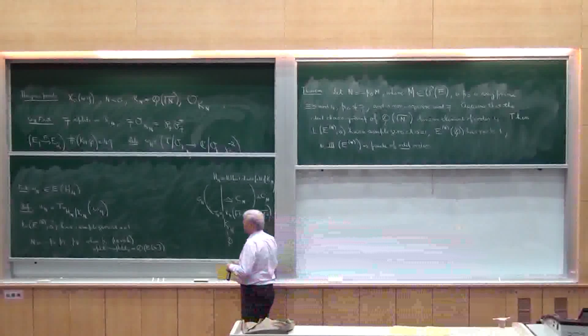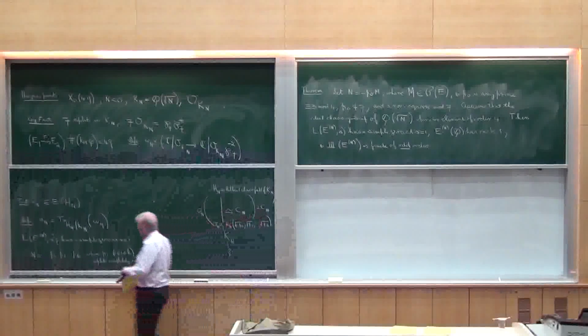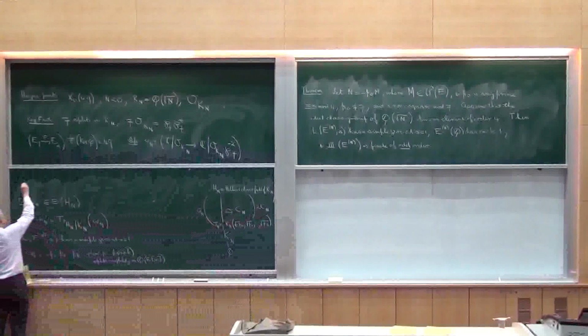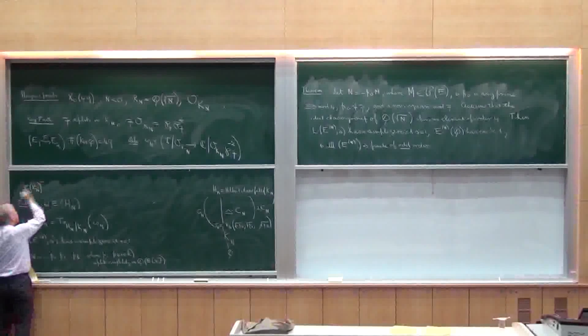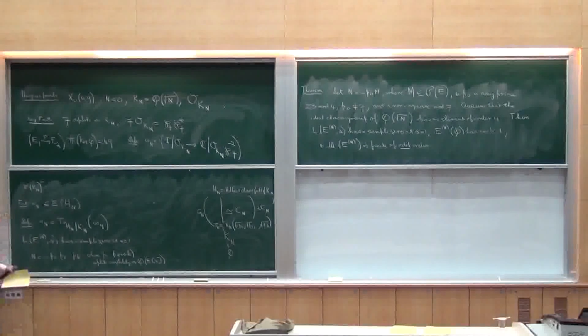Now, one other remark: we're looking at the points in E(Kn), and I'm most interested in the subgroup which I'll call E(Kn) minus.